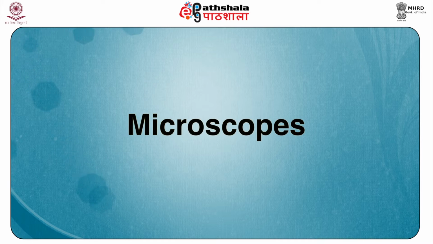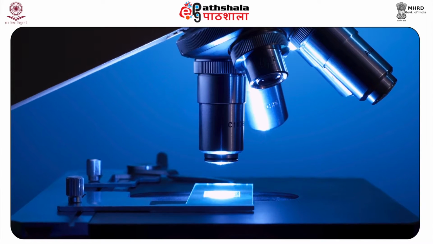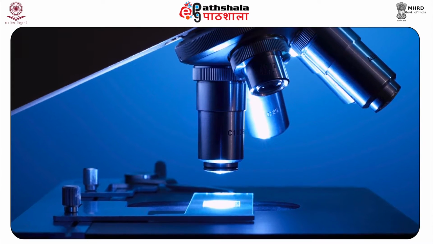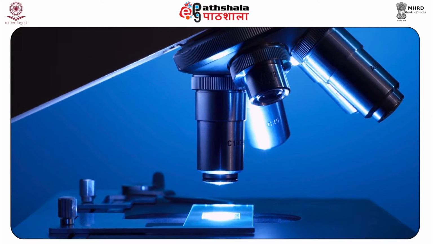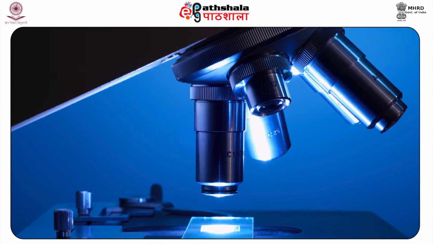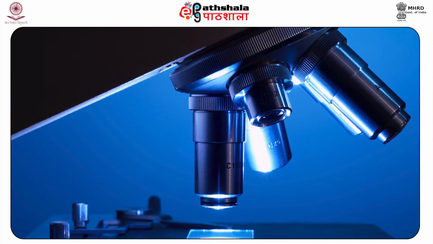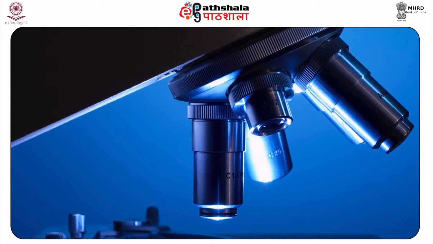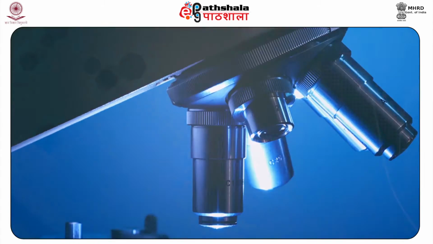Next is microscopes. There are limitless applications of microscopy in the field of forensic sciences. The microscope is used to form an enlarged image of a small object. After enlargement of the image, the next concern is resolution. For many items such as ink lines, blood stains or bullets, no treatment is required.